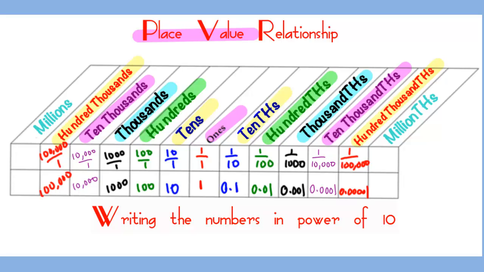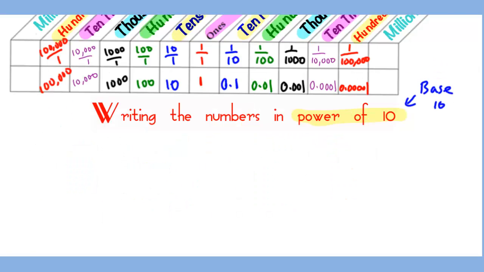So how are these numbers related to the powers of 10, which we can also call base 10? The first number we will start with is the ones. How do you write it with a base of 10? The only way to make 10 into a 1 is writing the exponent of 0, which turns any number into 1.